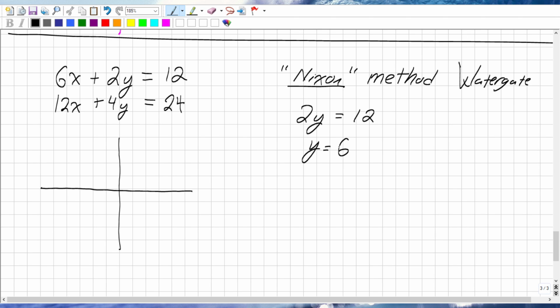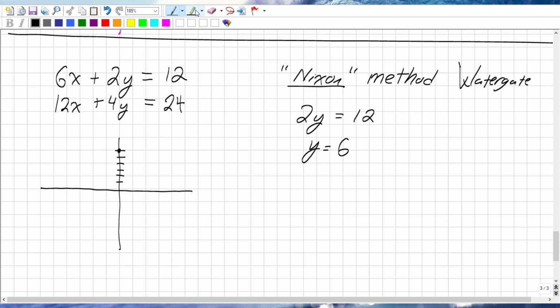Six. Thank you. Glad we've got some participation going. Yeah, we divide both sides by 2. 12 divided by 2 is 6. So I start off at 6 on the y-axis. So I'm going to start off right there.